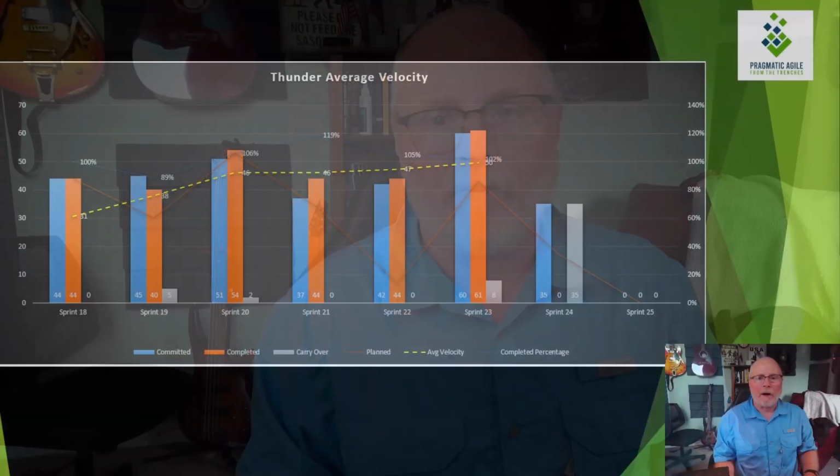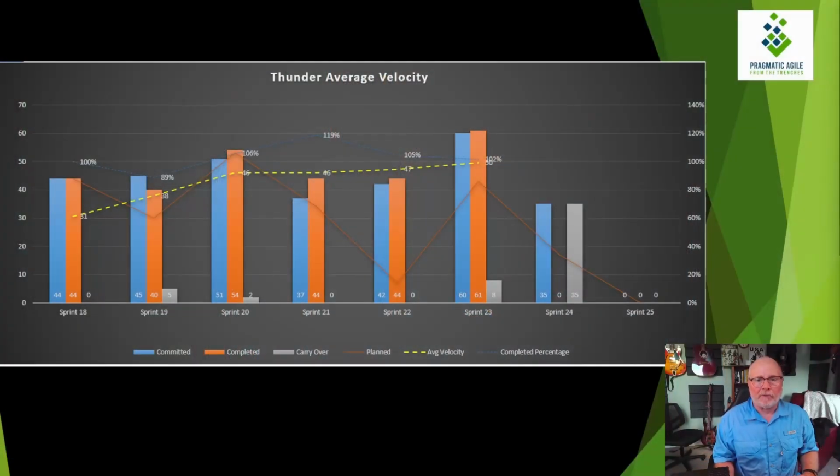Okay. All right. So in this first example, I want to show you how a really good Scrum Master handled his team and what you can see in the metrics. There are a few things I want you to clue into, first of all. The blue column that you see right over here, that is your committed. That represents the number of points that the team committed to in the sprint.